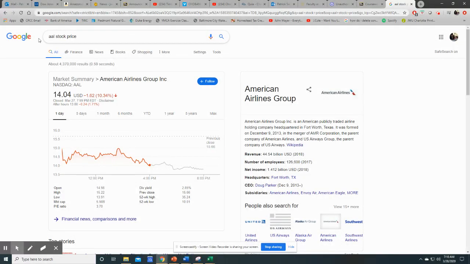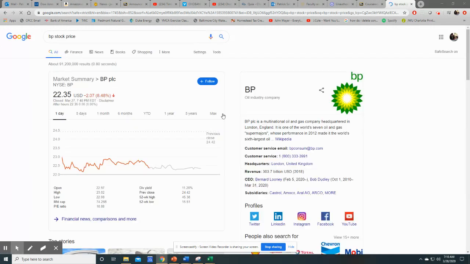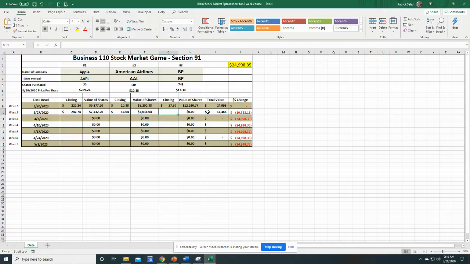So don't get a false sense of confidence. BP, 2235. It rounded up, but that's okay. You can see I actually typed in 2235. And in 1 week, we made $6,000.